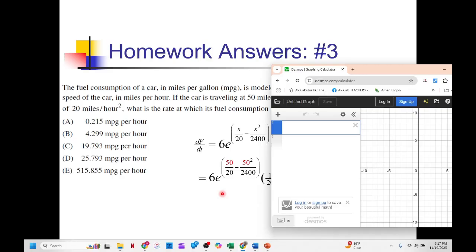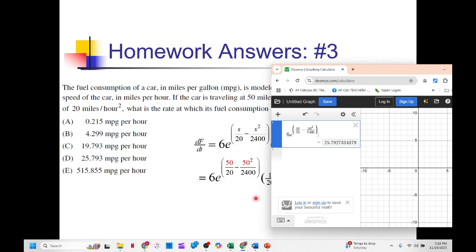So at this point, I'm going to try to put all this into Desmos and come up with an answer. So we've got 6e exponent, and lots in this exponent, so I'll use a parentheses here. We have 50 over 20 minus, and I'll do another fraction here, 50 exponent squared over 2400, and let's close that parentheses.